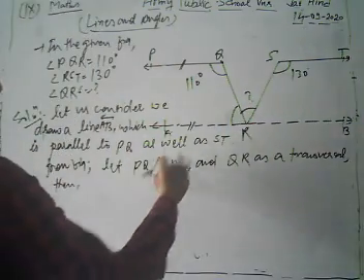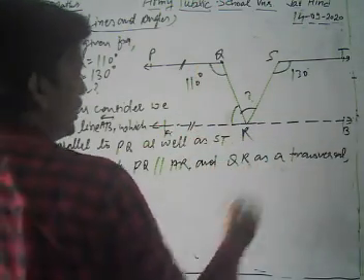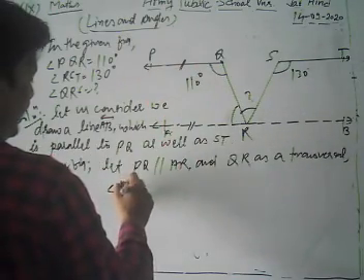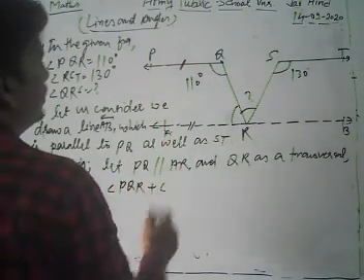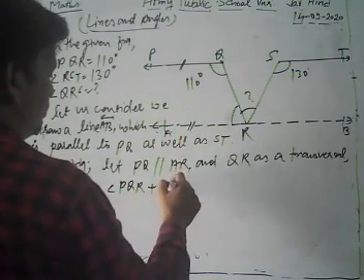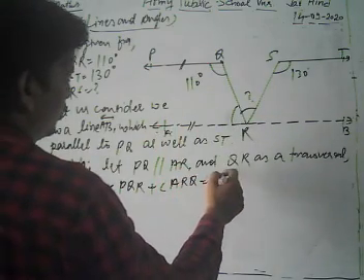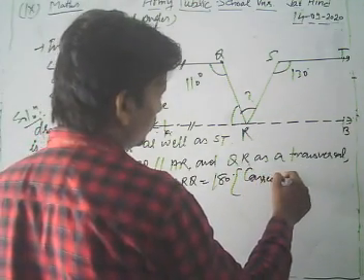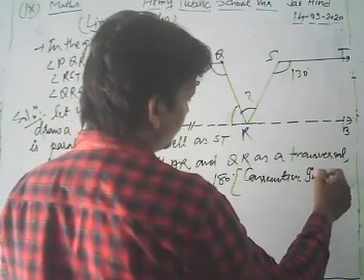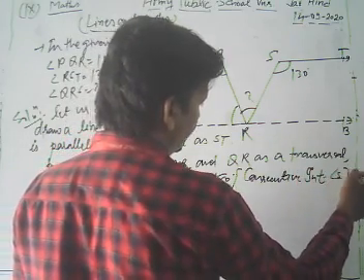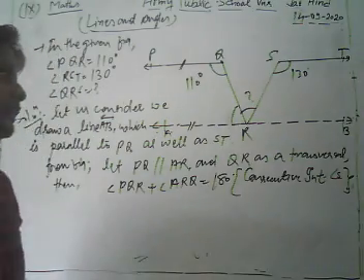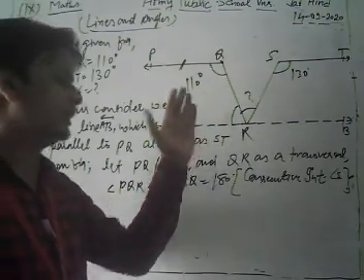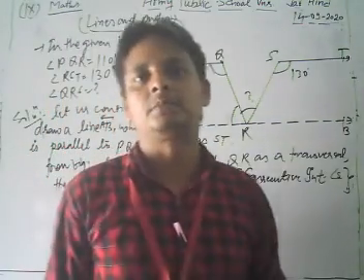So let PQ be parallel to AR and QR a transversal, then angle PQR plus angle ARQ is equal to 180, because these are consecutive interior angles, and we know that consecutive interior angles are supplementary to each other.